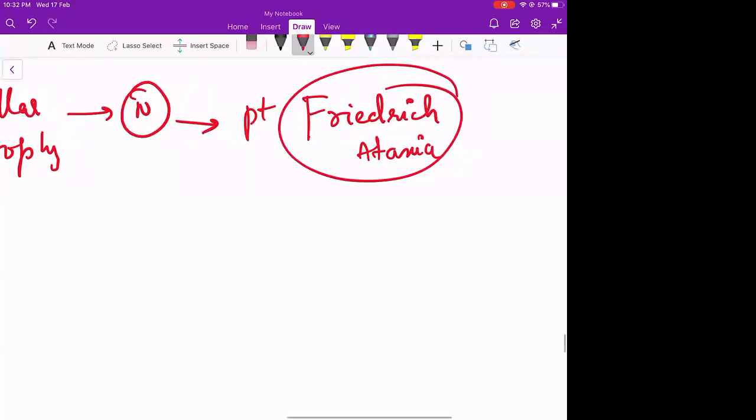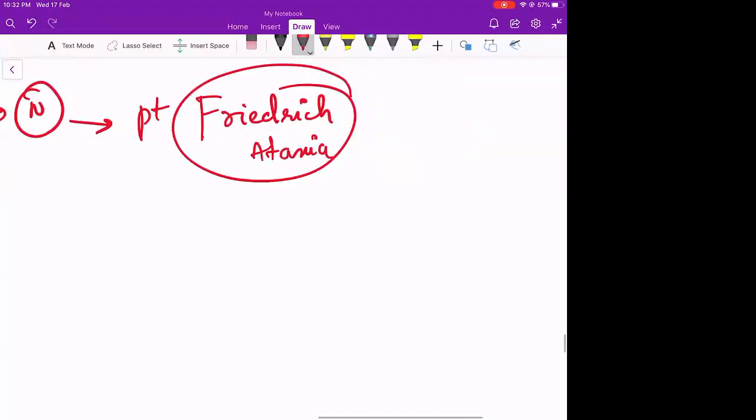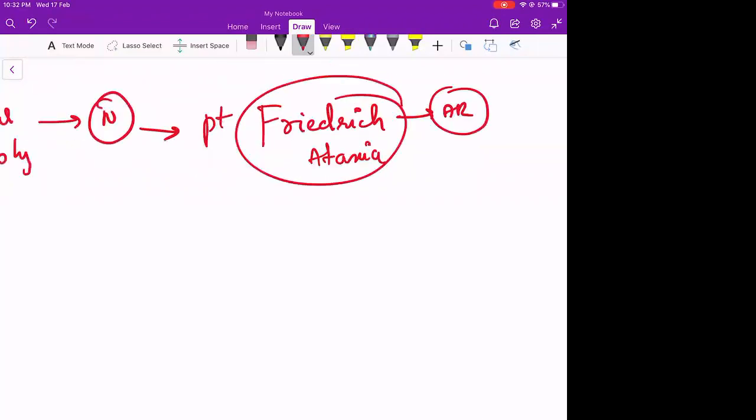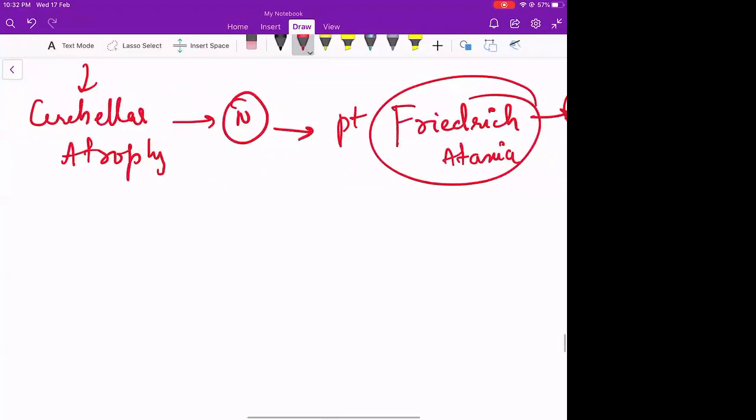Friedreich's ataxia is a type of inherited autosomal recessive ataxia. We'll come to inherited ataxia later. In these patients, cerebellar atrophy will not be seen, though the patient is having cerebellar symptoms.